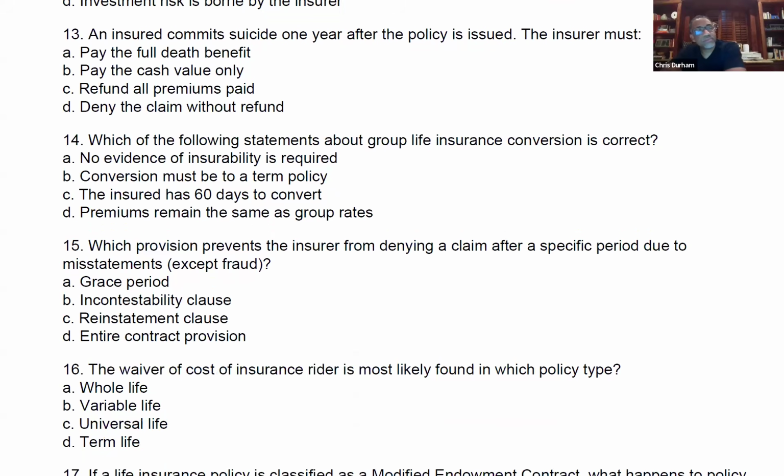14. Which of the following statements about group life insurance conversion is correct? A, no evidence of insurability is required. B, conversion must be to a term policy. C, the insured has 60 days to convert. D, premiums remain the same as group rates.